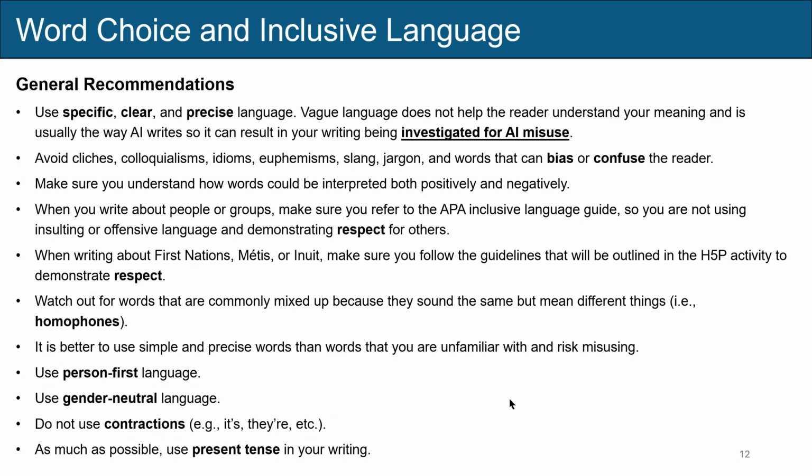If you're writing about people or groups, make sure that you are using that APA inclusive language guide to make sure you're using the most respectful language possible. When you're writing about or for First Nations, Métis, or Inuit, make sure you go through that guideline to understand the most appropriate terminology and when to use different language for different situations.